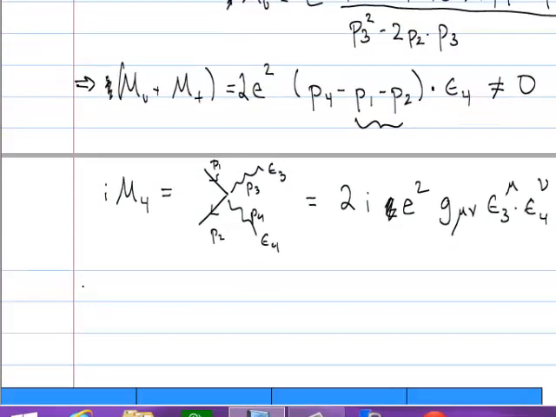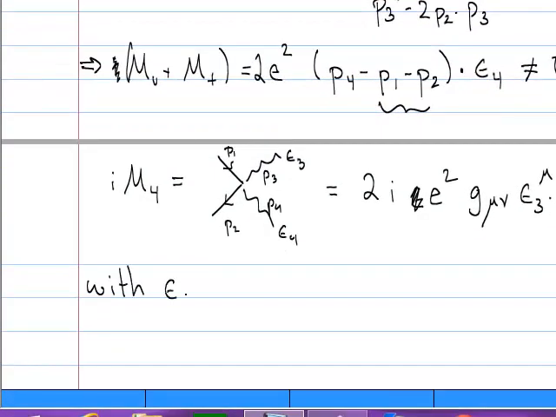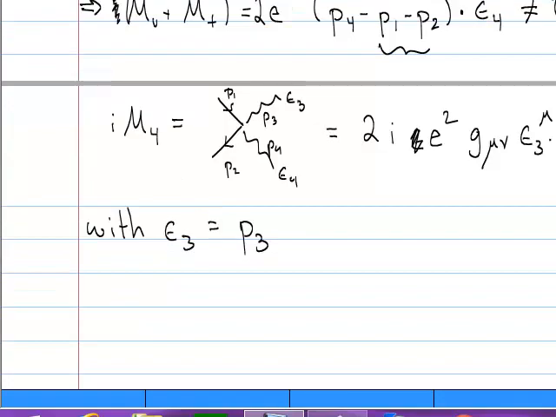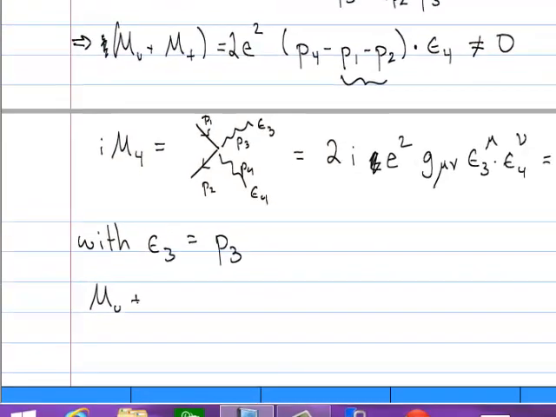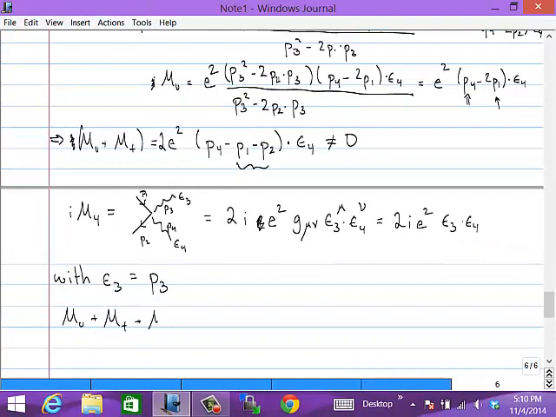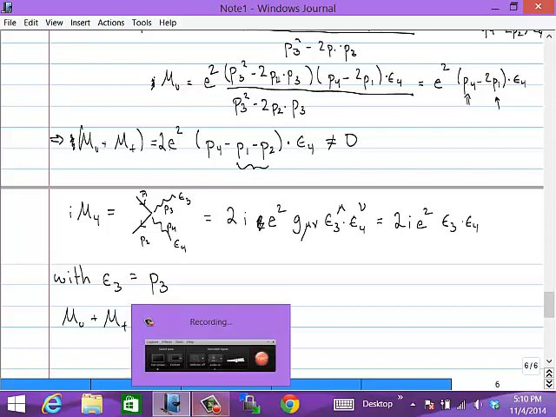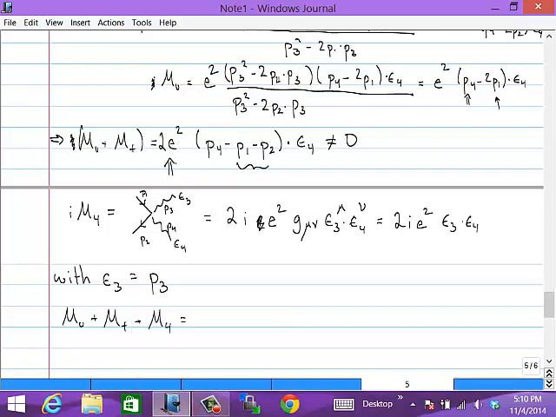Okay, so what does that mean? That means with epsilon 3 proportional to p3, we can now go ahead and try and check the Ward identity, and you get the U channel, the T channel, and the 4-point interaction. And what do you get? Well, this first term here is 2e squared times p4 minus p1 minus p2, and the second term gives you 2e squared times p3 dotted in with epsilon 4.